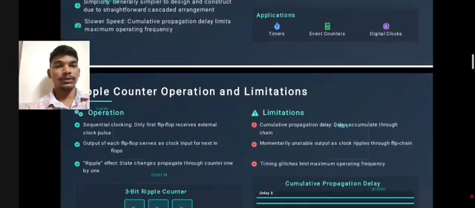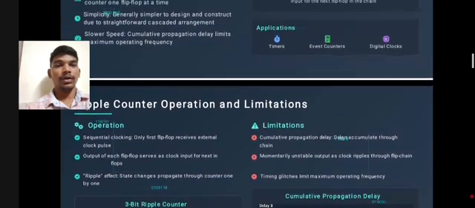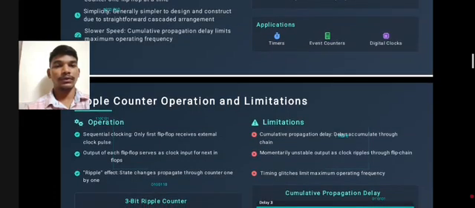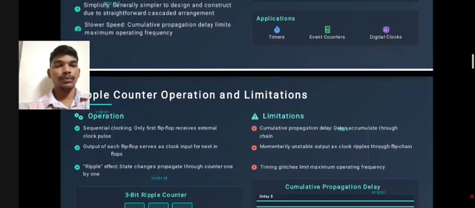Ripple counter operations and limitations. Operation: sequential clocking: only the first flip-flop receives the external clock pulse. The output of each flip-flop serves as the clock input for the next flip-flop. Ripple effect: state change propagates through the counter one by one.